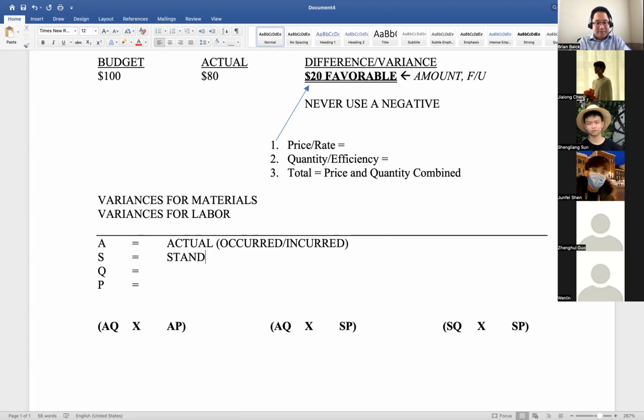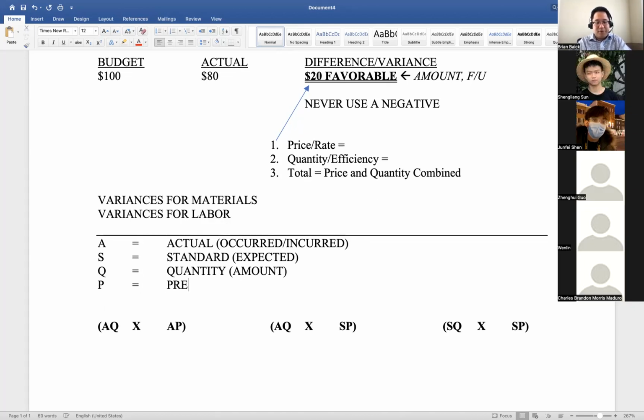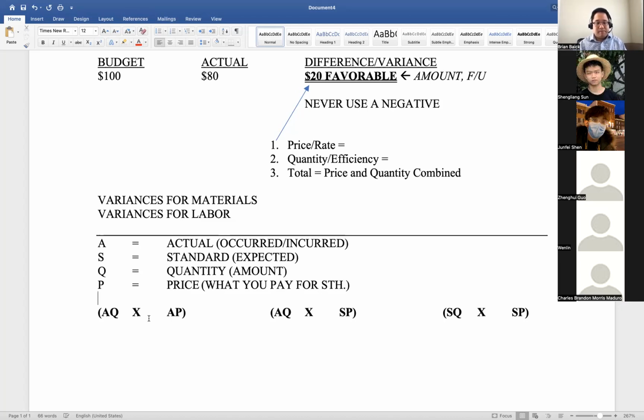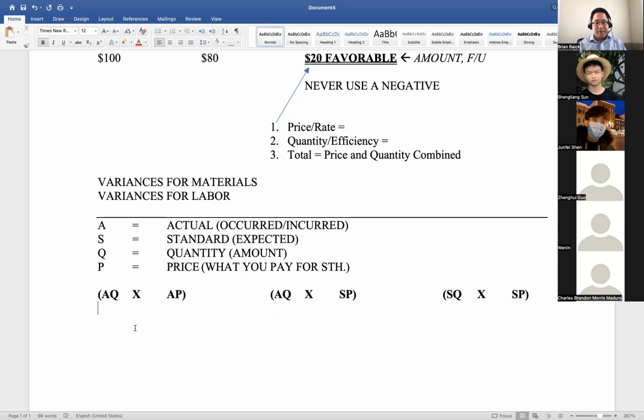Standard also means expected, what you expect is going to happen. Q is quantity. Quantity is amount. And P is price, or what you pay for something.